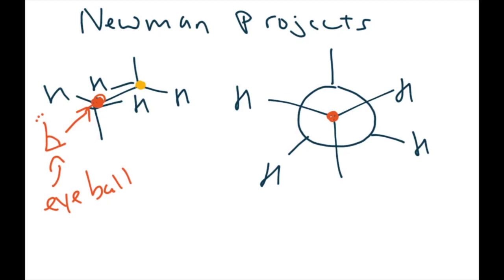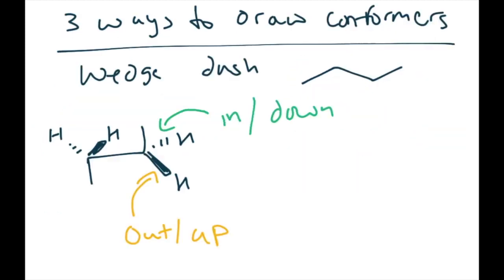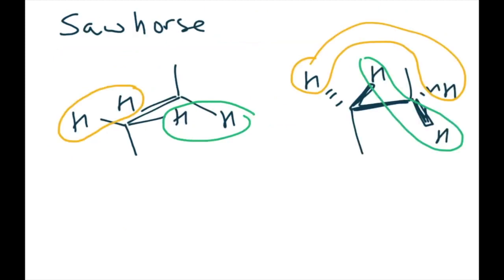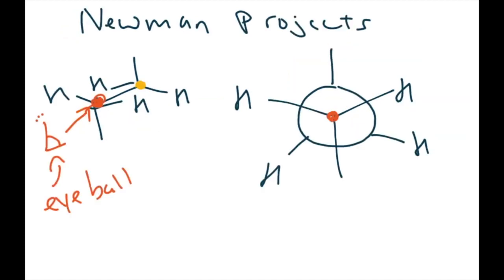Okay. So we go from wedge dash, which is like hard profile, right? 100% you're looking at it from the side, to sawhorse where you kind of have an angled look at the molecule, to Newman projection where you're looking straight down the carbon-carbon bond. And we're going to spend most of our time doing Newman projections.